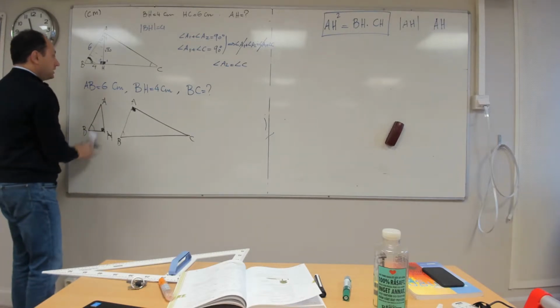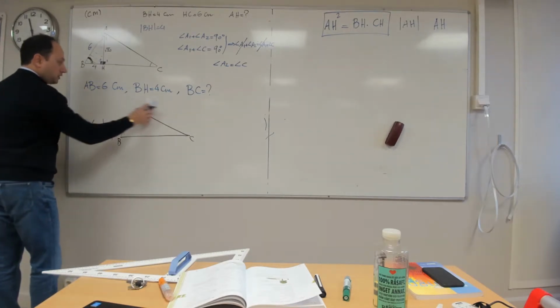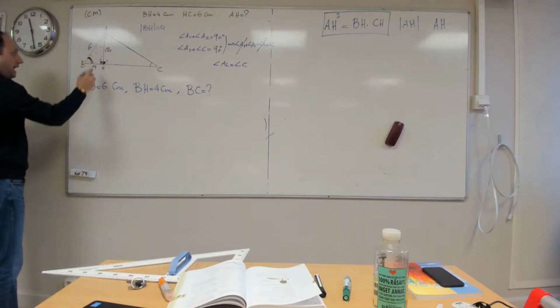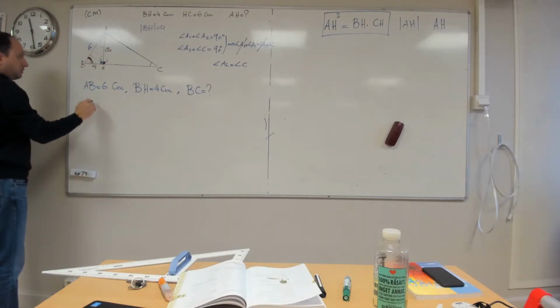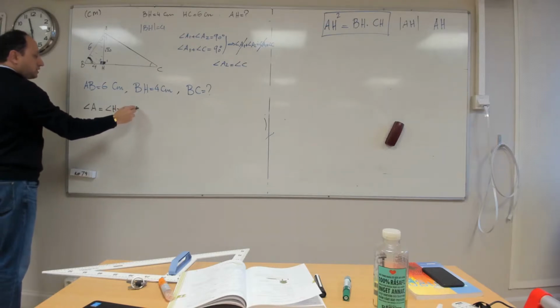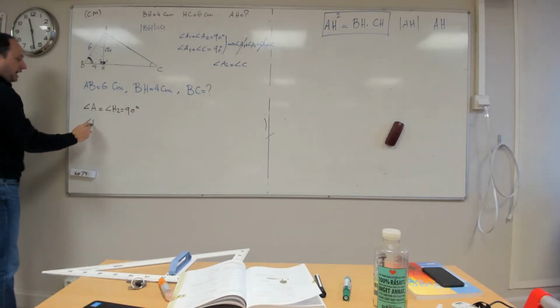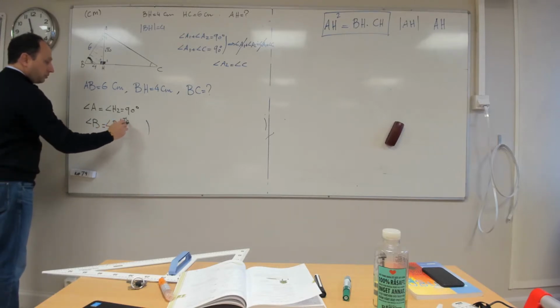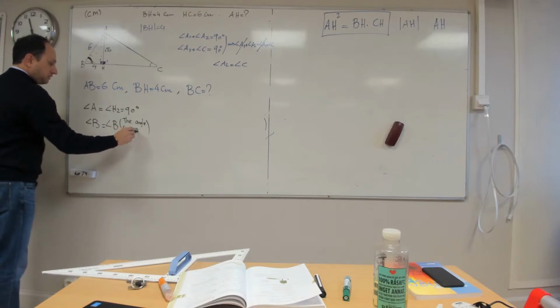What I write here, I don't need this anymore, so I clean it. I would write that angle A, the big angle A, is equal to angle H2, is equal to 90 degrees. Then I would write angle B is equal to angle B, the angle in common.